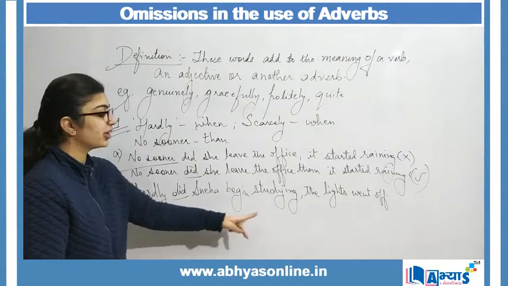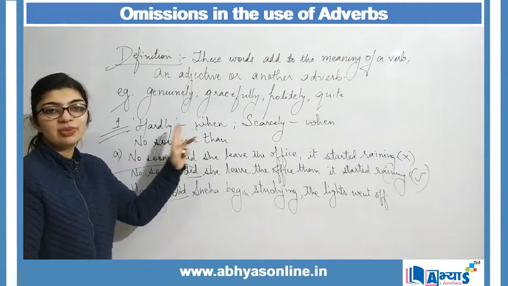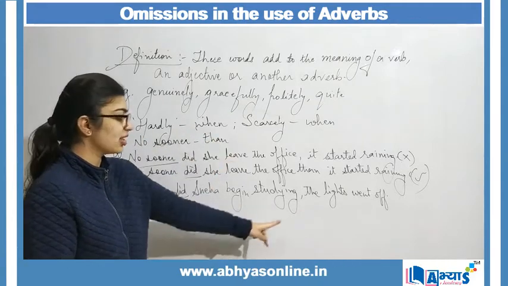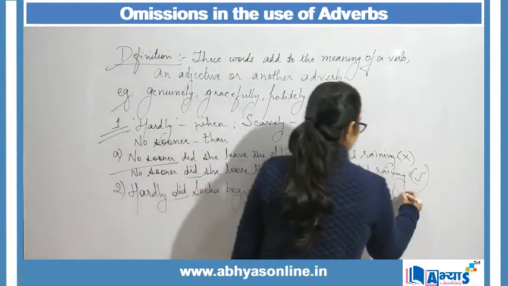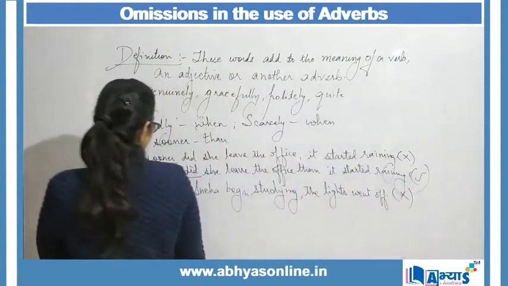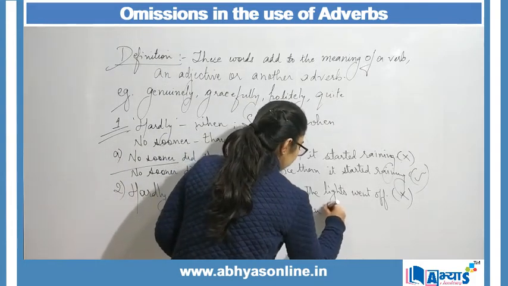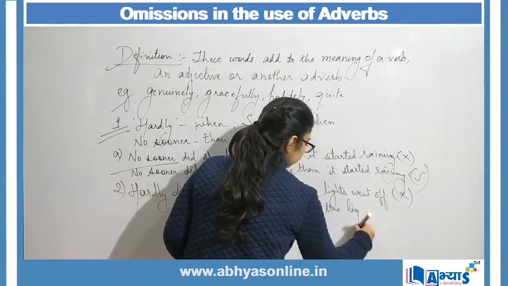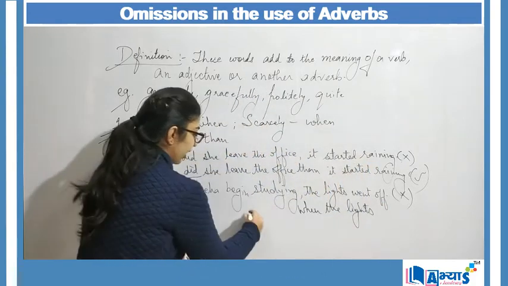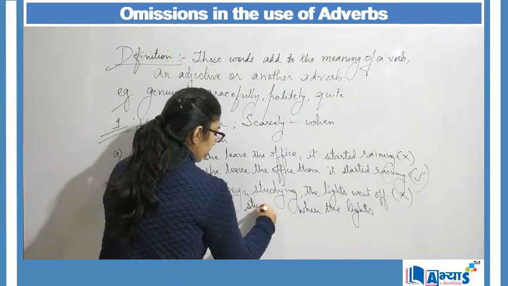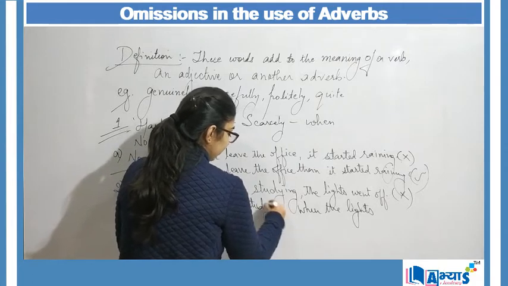Hardly did Sneha begin studying. With hardly I said we will use the pair word when. When is not over here, so the sentence goes wrong. I say, hardly did Sneha begin studying when the lights went off, and here my word when will be preceded by studying.